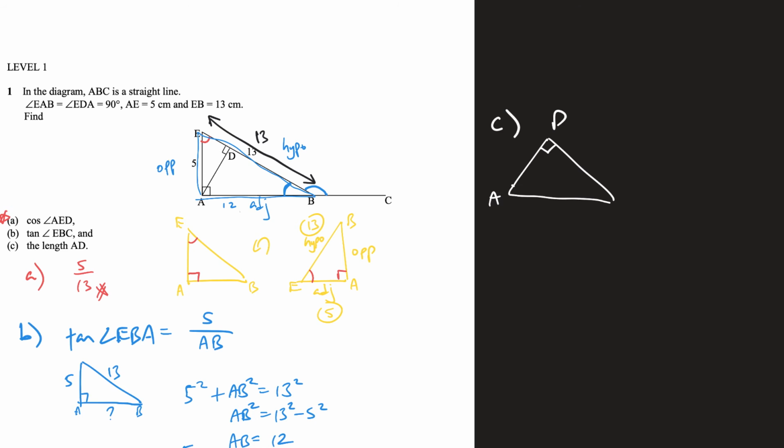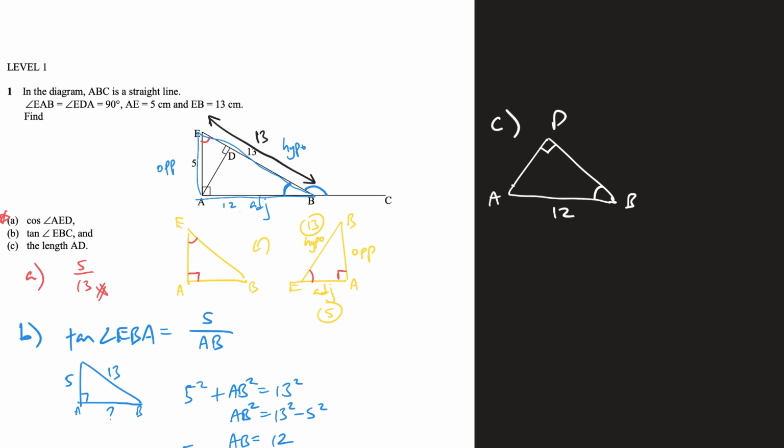That's useful because it tells me this is a right angle triangle. 13 is this whole length, not this length, so I don't actually know what this length is. And I know this is 12.